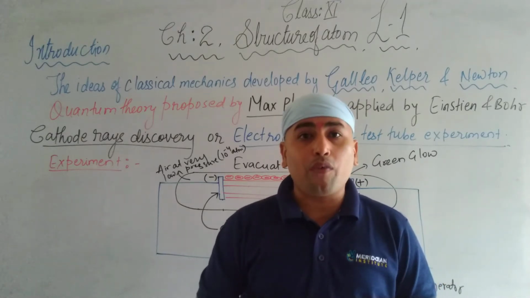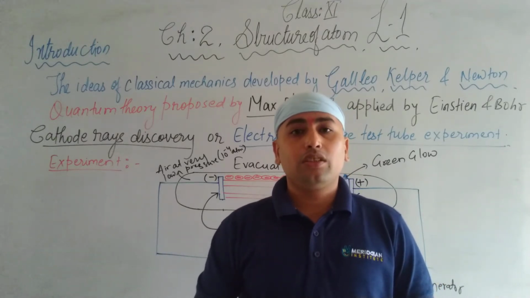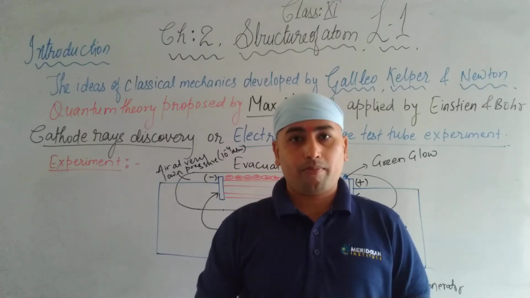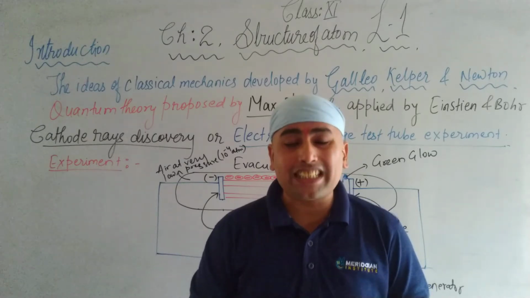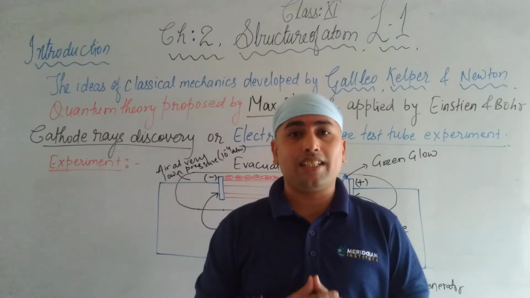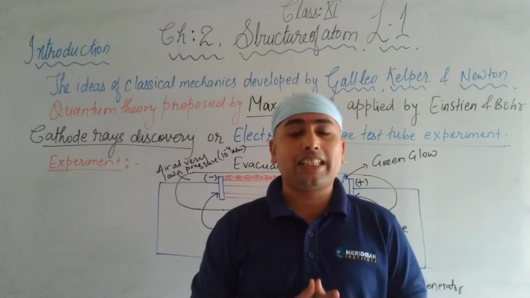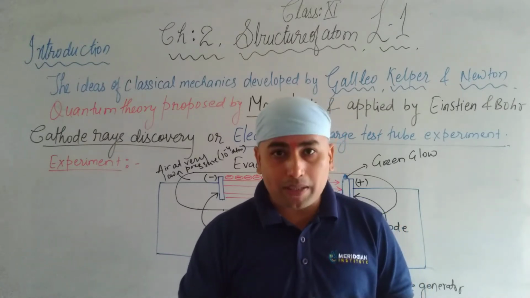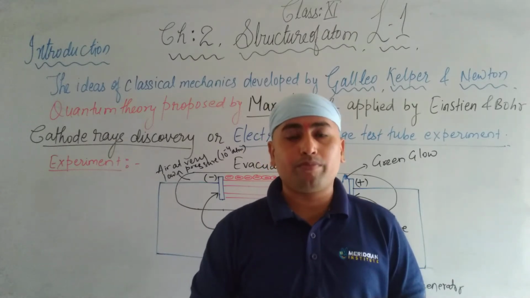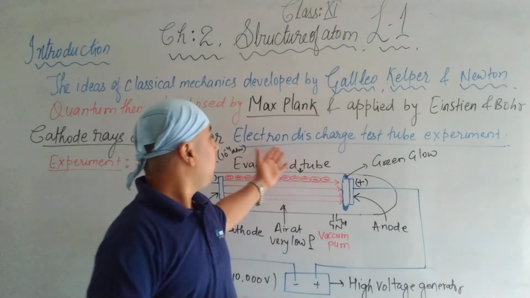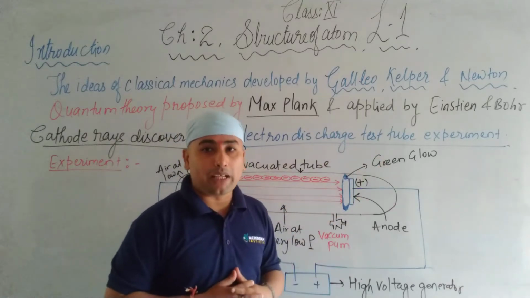So the discoverer of cathode rays is Julius Plücker. Julius Plücker wanted to prove that gas conducts electricity. So he gave his experiment as the cathode ray experiment, or discharge test tube experiment.